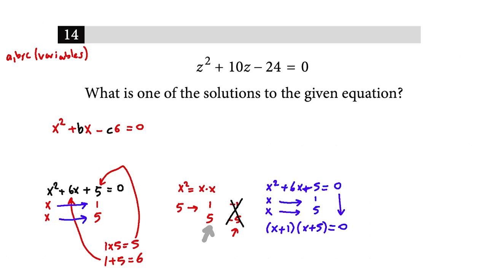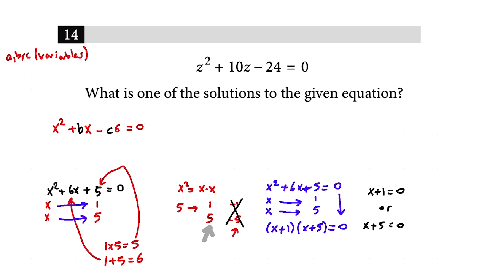After this step, you have two possible answers, because the product is equal to 0. There are only two options: x plus 1 is equal to 0, or x plus 5 is equal to 0.